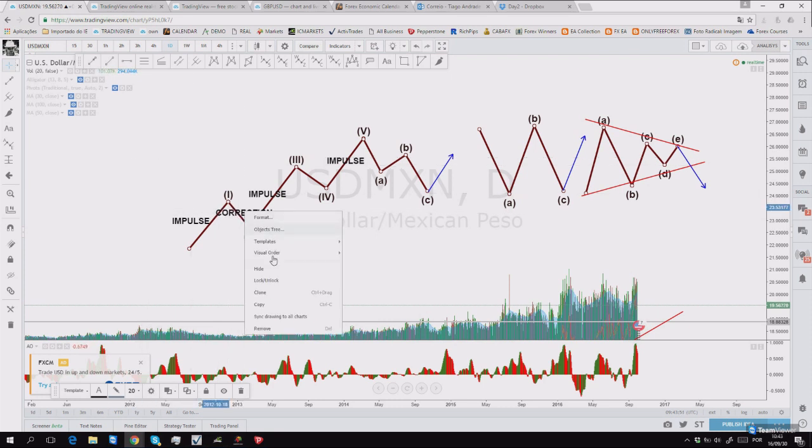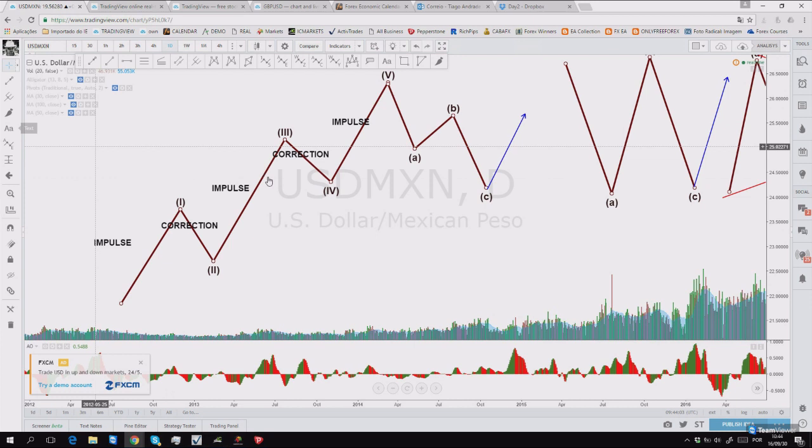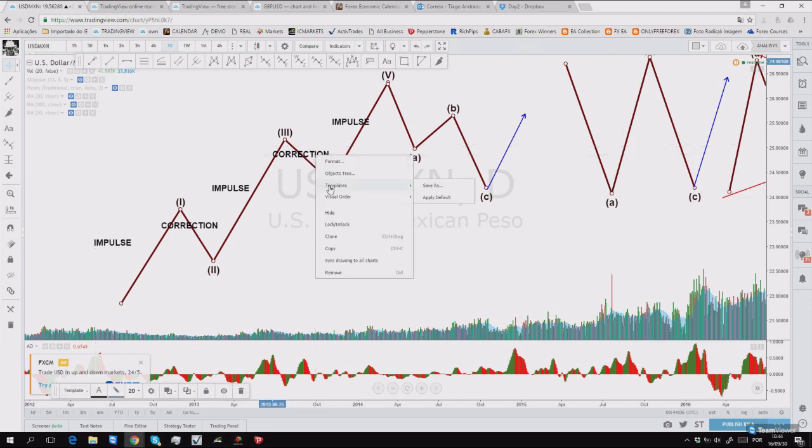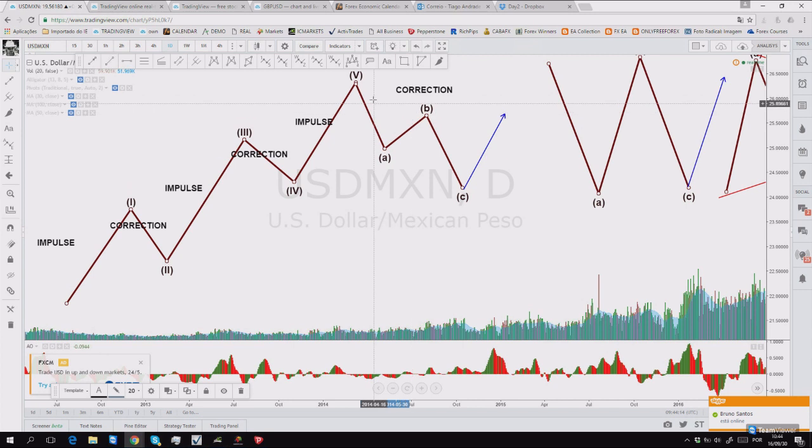Then you have this correction, this correction, and this big correction. But inside of this big correction, you also have this one that would be an impulse, this would be a correction, and this would be an impulse.